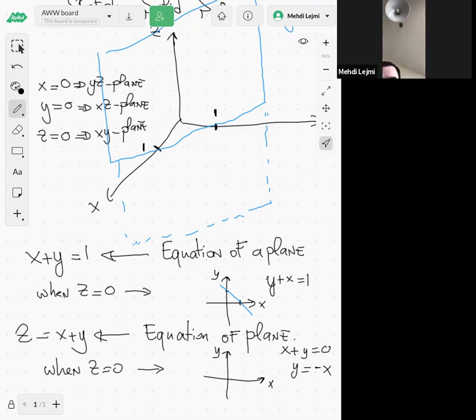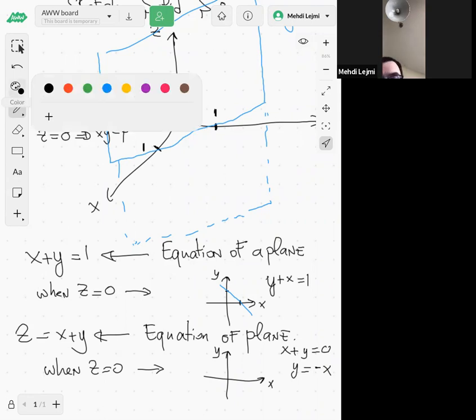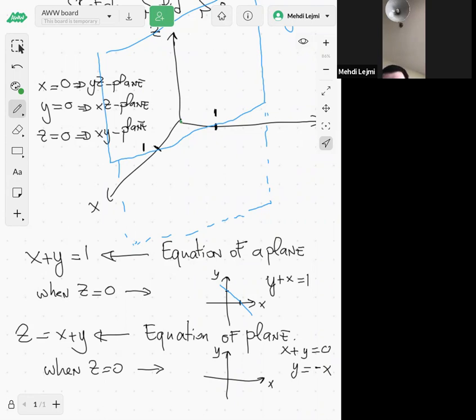So for example, x is 0, y would be 0. So we're gonna have this line here. And then x is 1, y is -1. So we're gonna have this point here. So this is y equals to minus x.